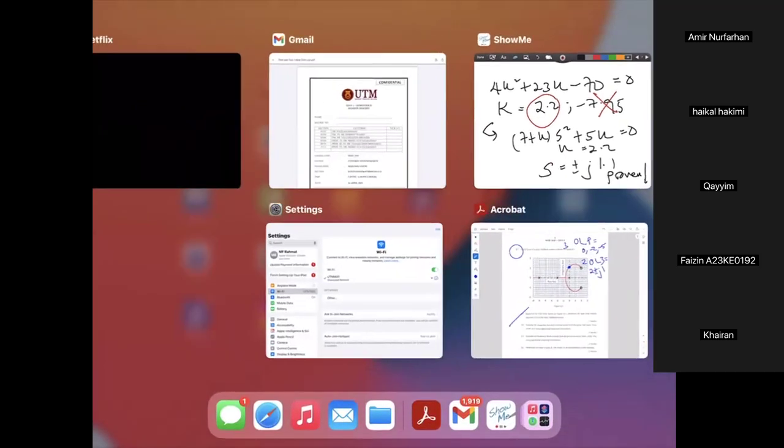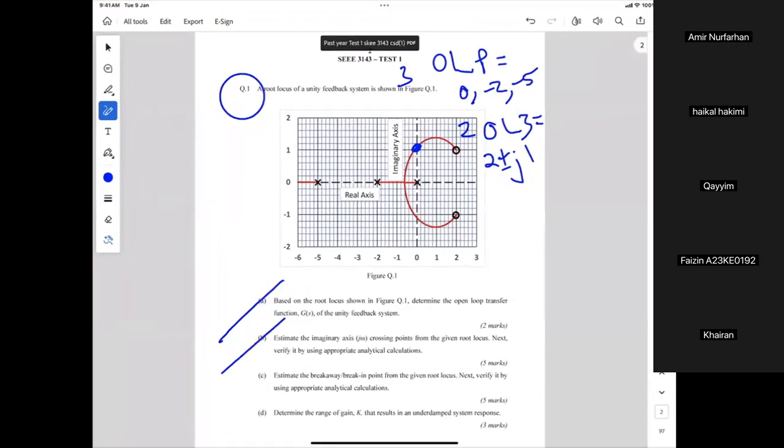So what is the next question? The breakaway point or break-in point? Using your eyes, what is the estimation of the breakaway point or break-in point?